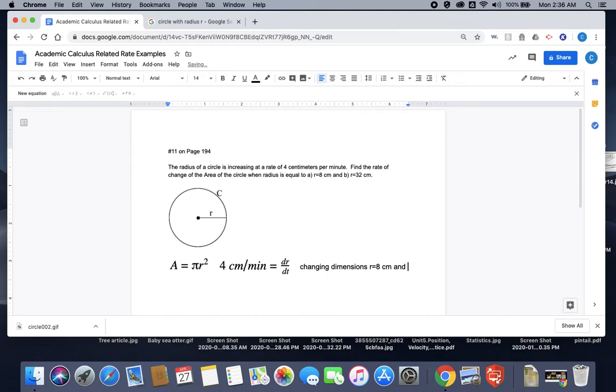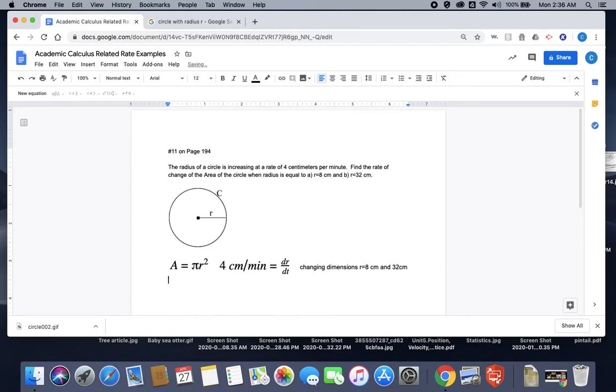And we're just going to type 32 centimeters, and we'll shrink it down so it all fits on the same line. So we've got our equation of our circle, we've got our rate of change of the radius, and we've got our dimensions, and we noted that they're changing dimensions.